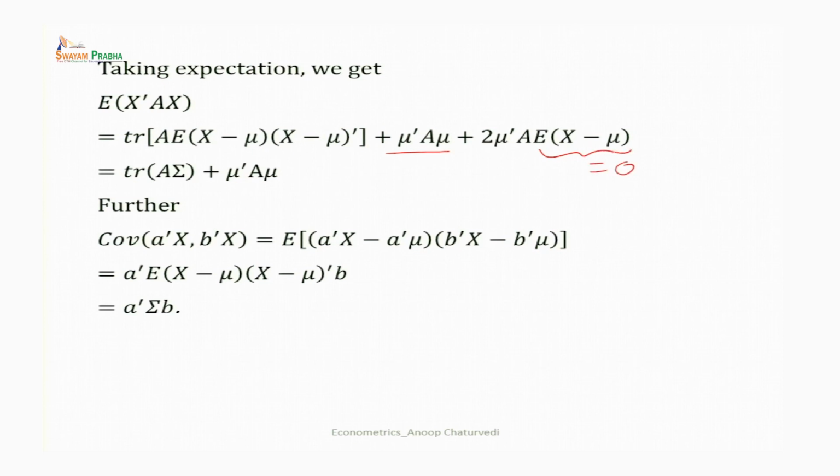So, this last term vanishes. So, you obtain trace of A sigma, because expectation of (x minus mu)(x minus mu) transpose is equal to sigma. So, you get trace of A sigma plus mu transpose A mu.